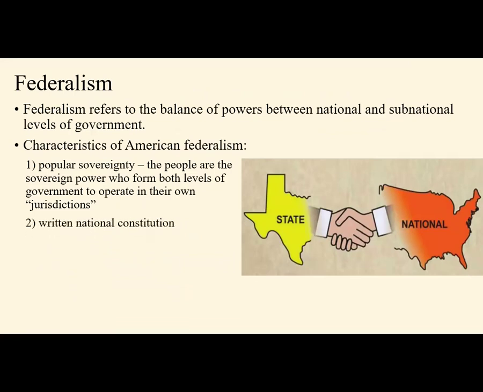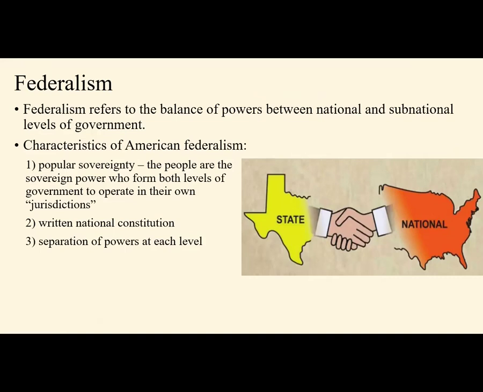Our second characteristic is the existence of a written national constitution, and that we've covered. We've also talked about this attribute, separation of powers, but I make the point here that separation occurs at each level. So, yes, as you're aware, we separated the powers of our national government between a legislative, executive, and judicial branch. But that is also true of state governments.